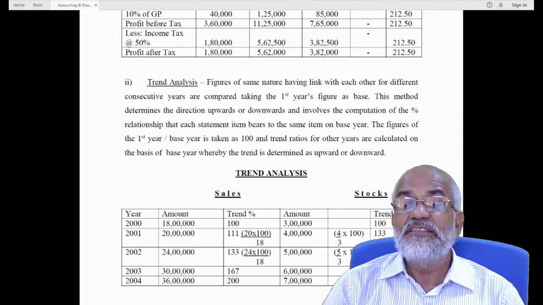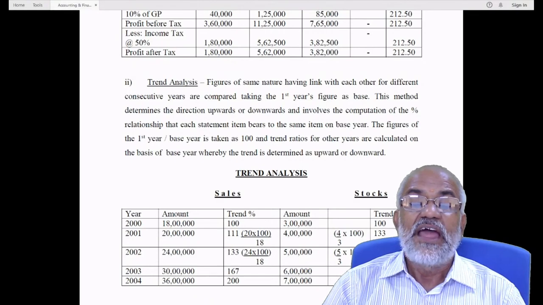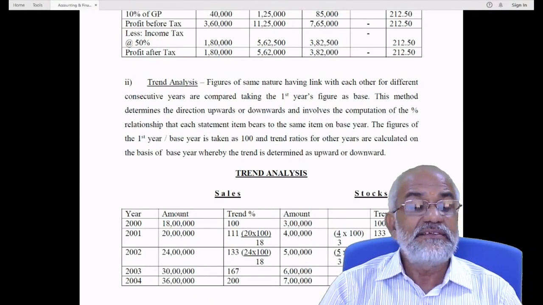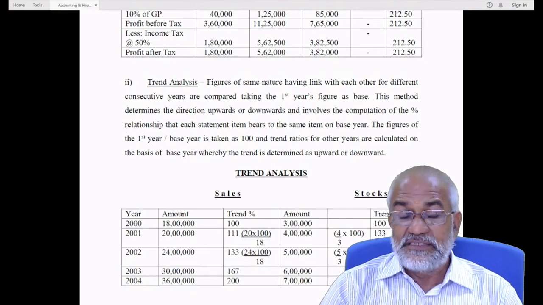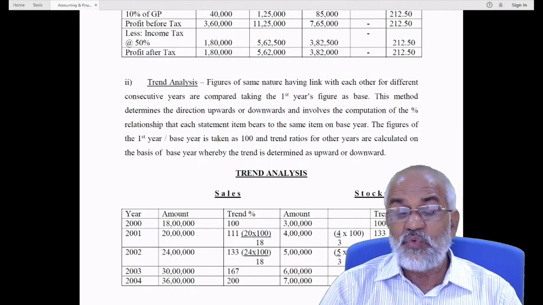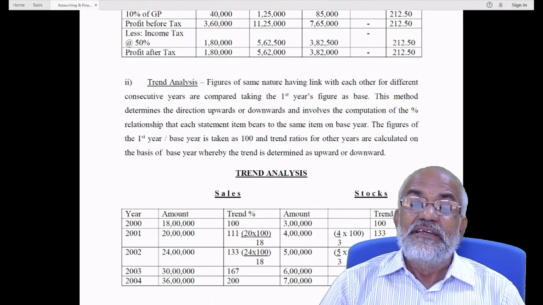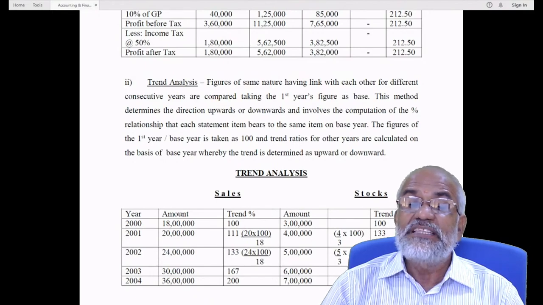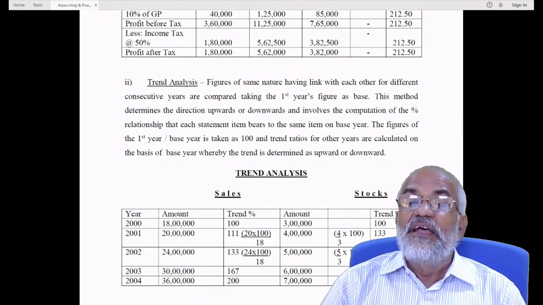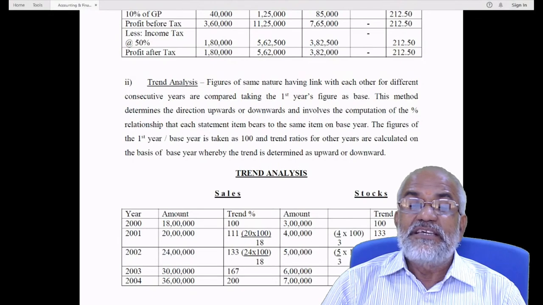The trend was 100 in the first year and the trend became 200% in the fourth year. And in the fifth and final year, in the year 2004, the stock was 7 lakhs, and in the base year it was 3 lakhs. So the percentage of the trend became 233% in comparison to that of the base year, that is 2000.